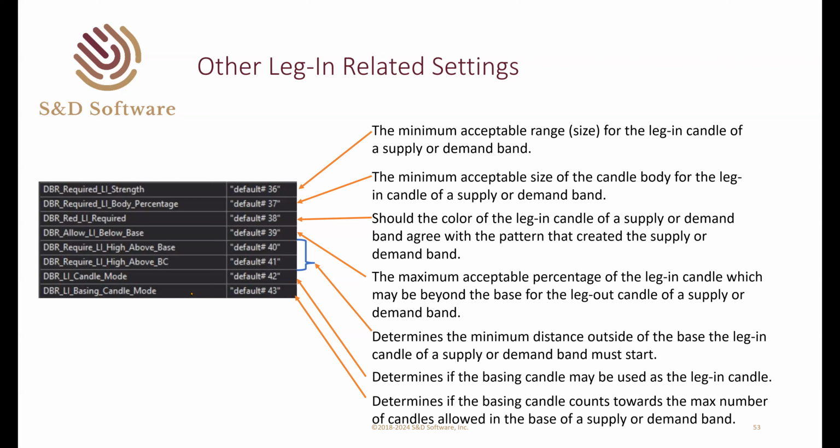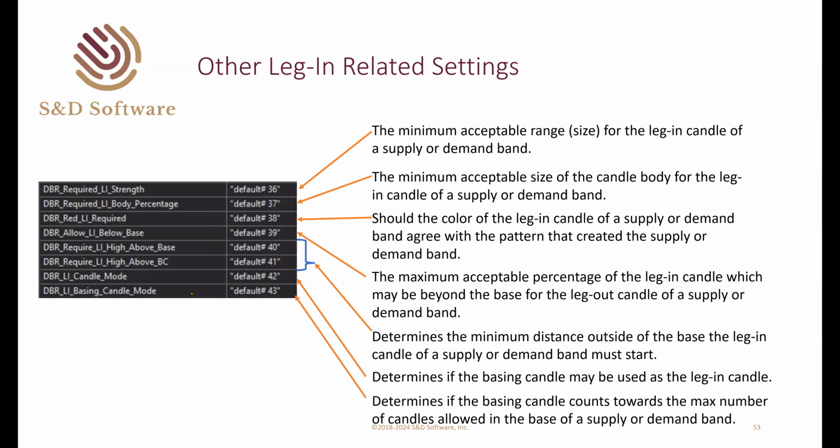Okay, so, for a drop base rally, your leg in is not a drop candle. It's the wrong color to be a drop candle. So you would break that rule unless you have that rule turned off. If you set DBR red leg in required to false, then you can turn off that rule. Then the next question is, where is that position relative to the base?